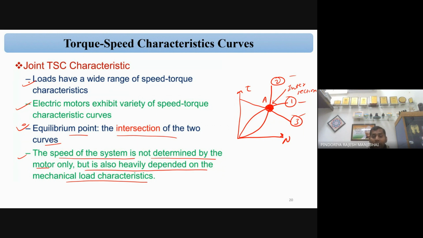That's why we have to define the mechanical load characteristic also, correct? So we cannot say the speed of the system is determined by the motor only. No, we also have to consider the load characteristic, okay? These are the important points for the joint characteristic of speed-torque.